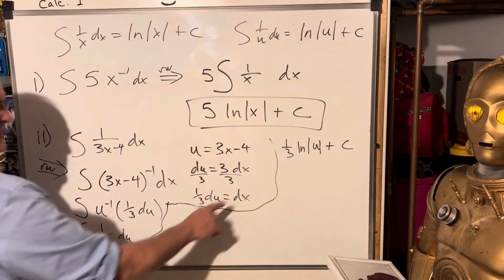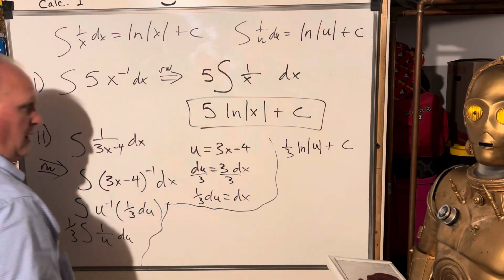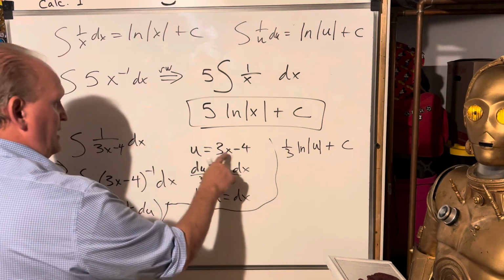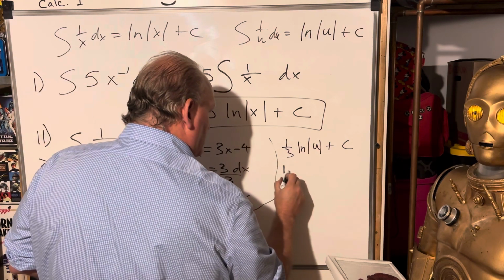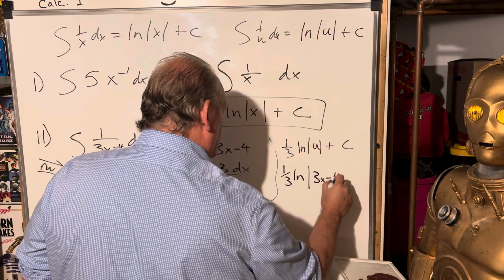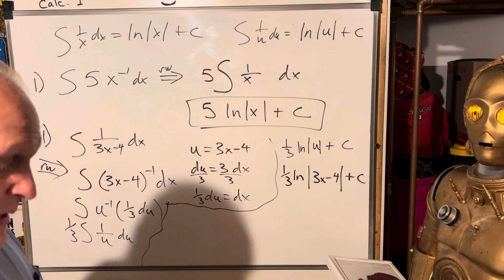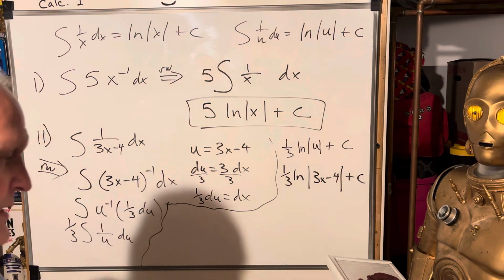Right? So easy peasy to integrate that. It's just 1/3 times that. And then don't forget to put the 3x minus 4 back in there. So 1/3 ln of the absolute value of 3x minus 4 plus c. And there we are. Done.